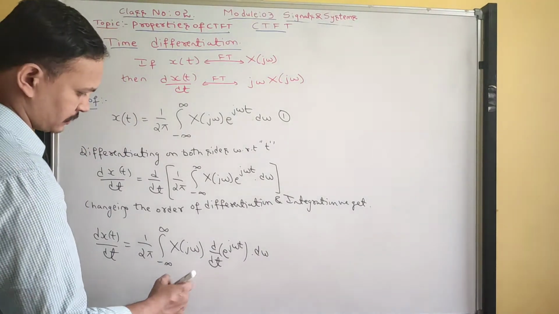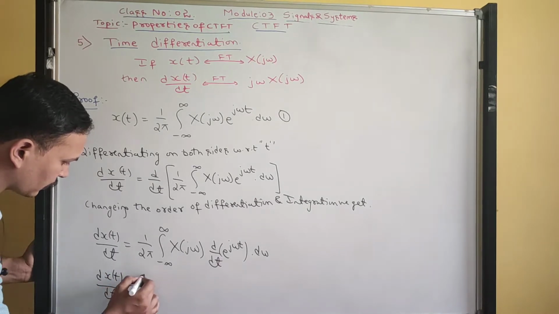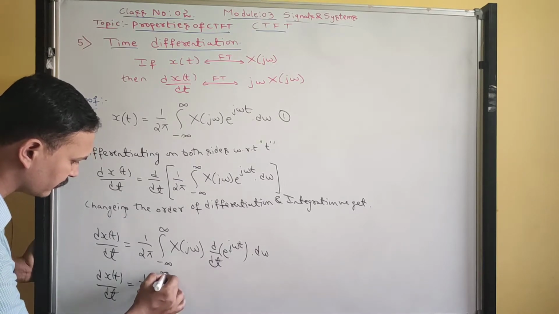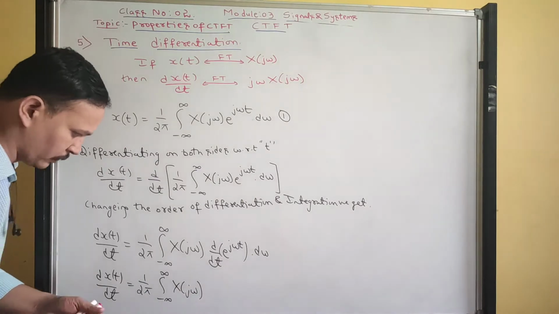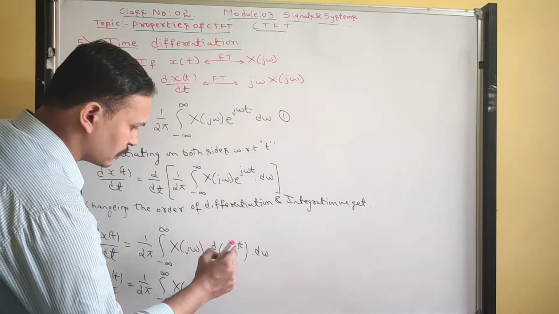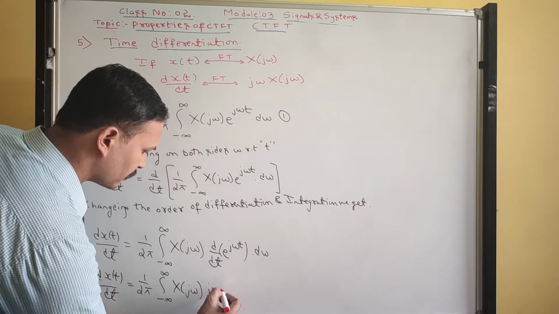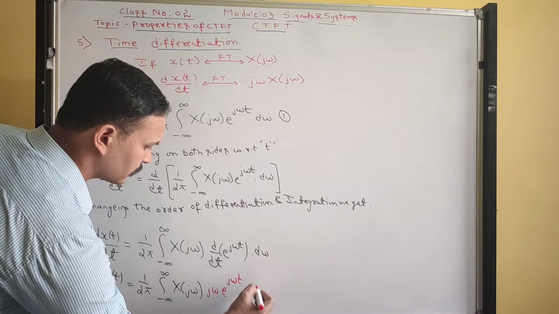Now differentiate this. dx of t by dt is equal to 1 upon 2 pi integral minus infinity to infinity x of j omega into, what is d by dt of e power j omega t? You will get j omega into e to the power of j omega t into d omega.